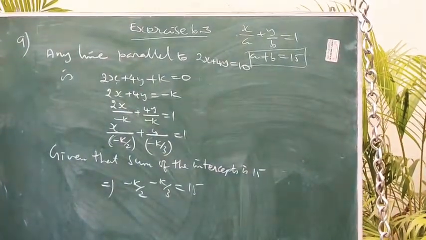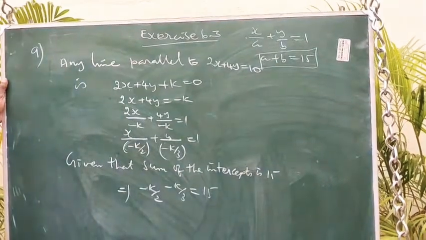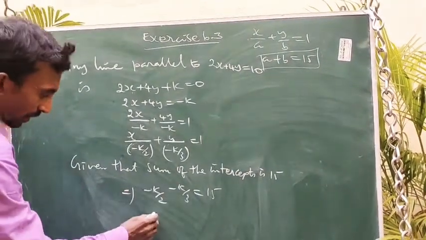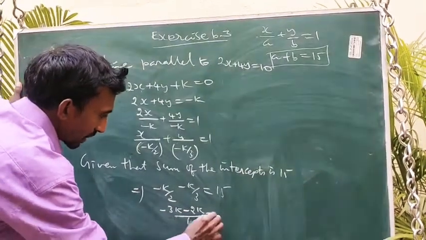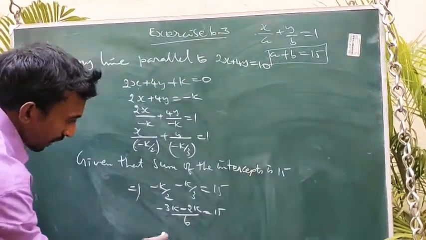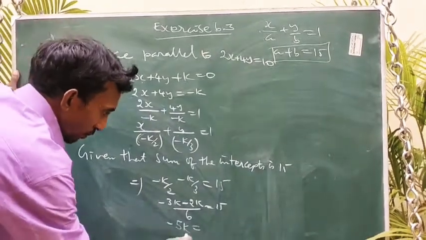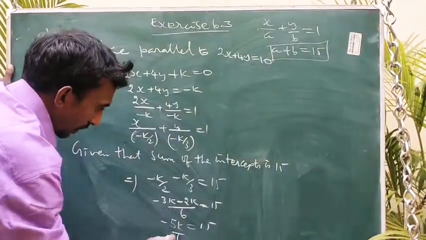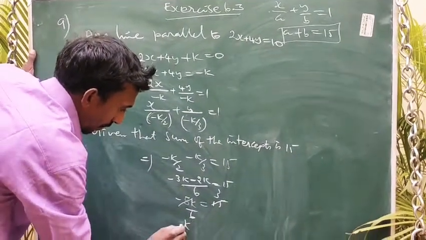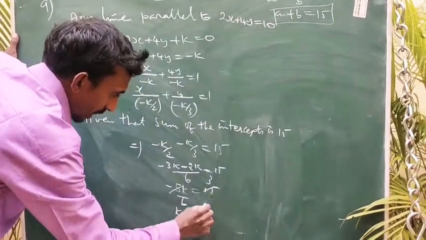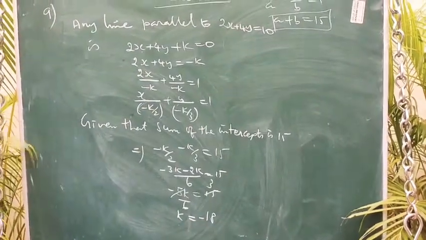If we take the LCM and simplify, multiply by 3 and multiply by 2. So minus 3k minus 2k by 6 equal to 15. Okay, so minus 5k by 6 equal to 15. You can cancel, so minus k equal to 18 and k equal to minus 18.